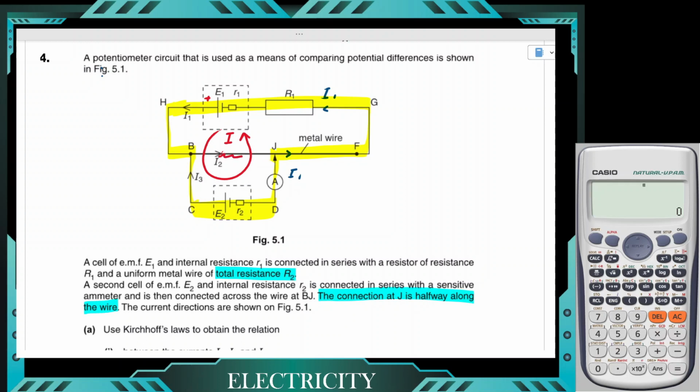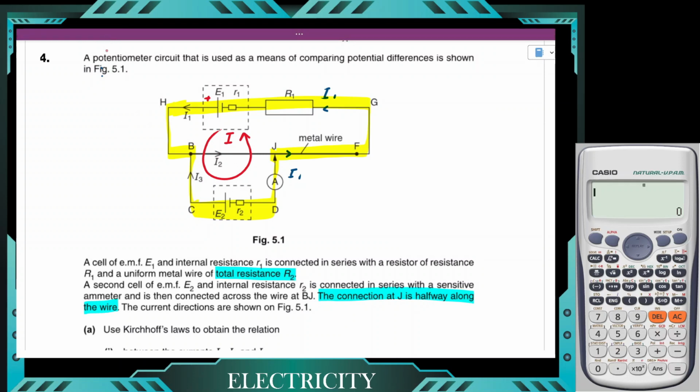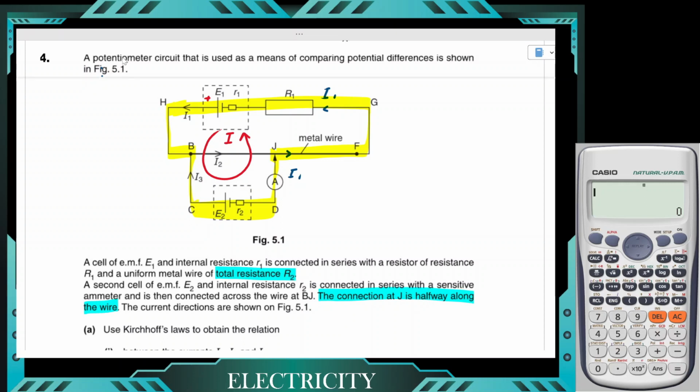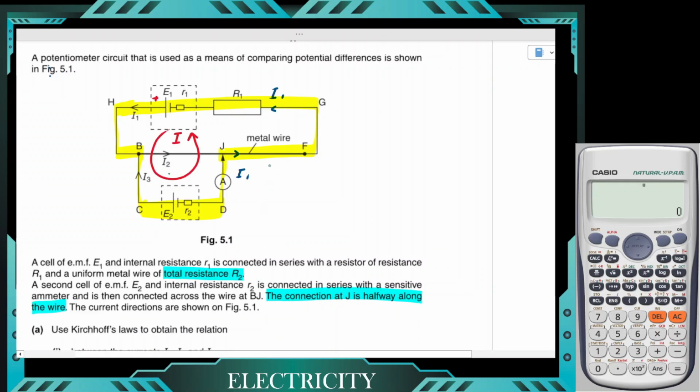So I2 is not even included. So let us write down the expression. EMFs on one side, PDs on the other side. So sum of all the EMFs equals sum of all the PDs, potential drops.